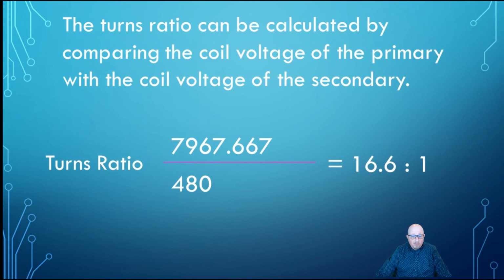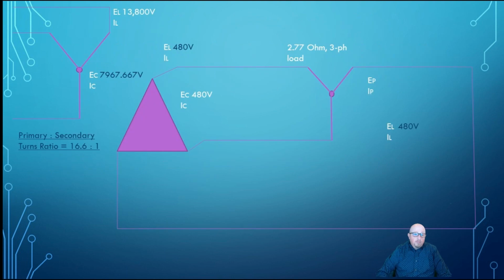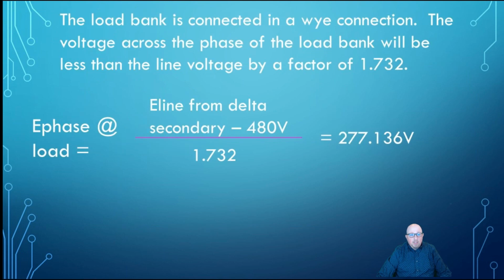In all previous videos we've said phase voltage, so wrong or right, I just want to point out that we are using those terms interchangeably. So we now know we have a primary and a secondary turns ratio of 16.6 to 1. We know most of our voltages already, and we've done very little. This is just so easy.